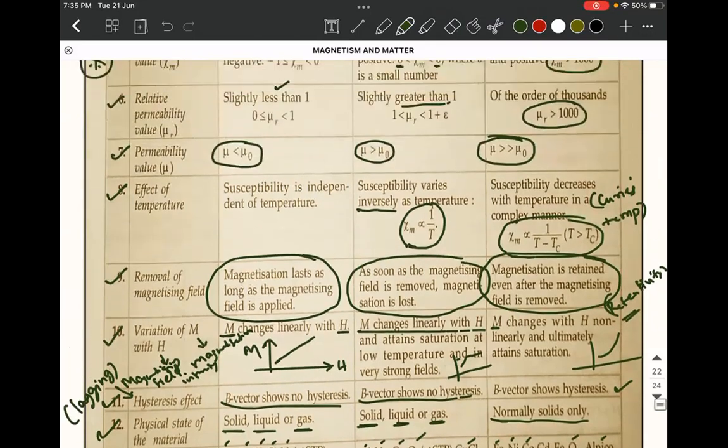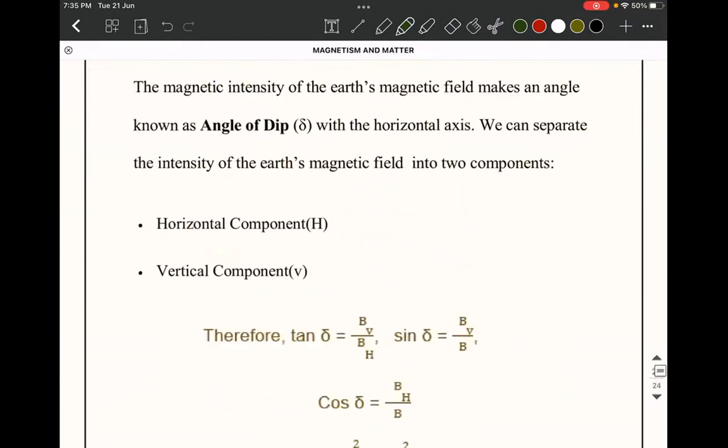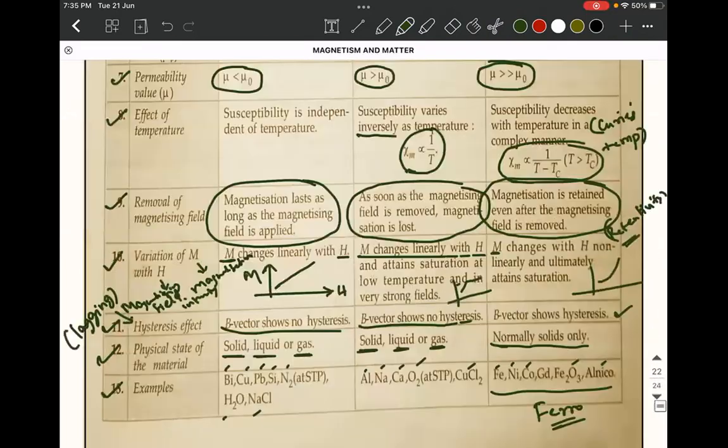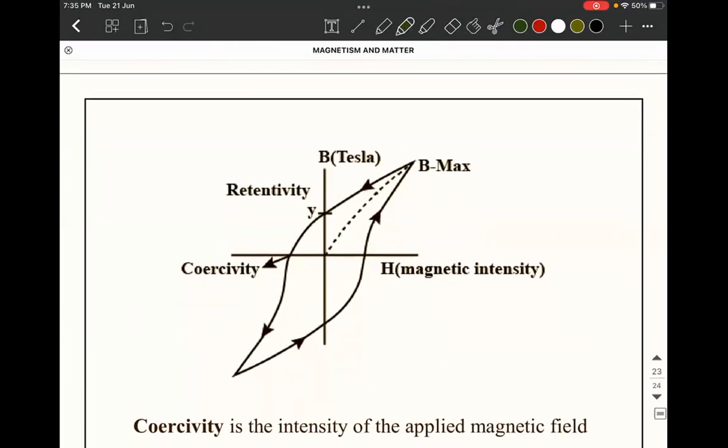Now, having said this, I'm going to discuss an important topic called hysteresis.